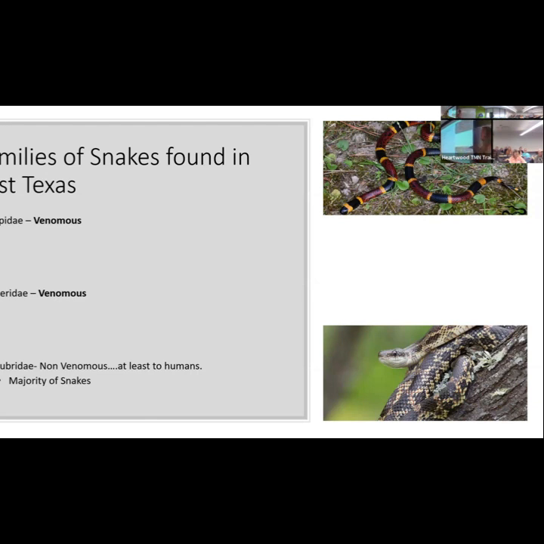The vipers are also venomous. They're Viperidae, and they have the pit vipers, the pits in their face for heat recognition. And then we have colubrids, so Colubridae. That's basically all the other snakes. So coral snake, vipers, and then all the other snakes are pretty much fine.